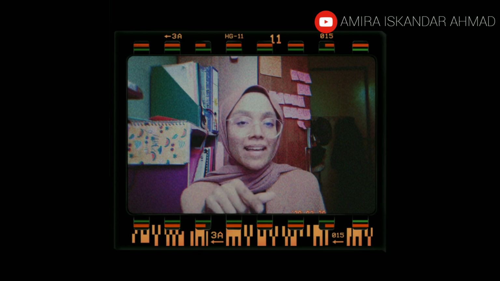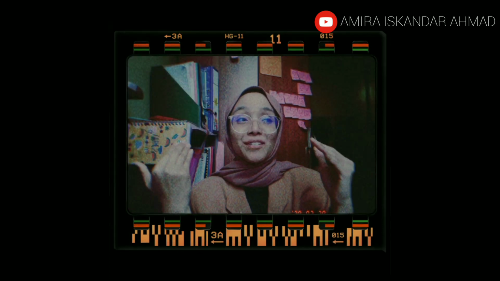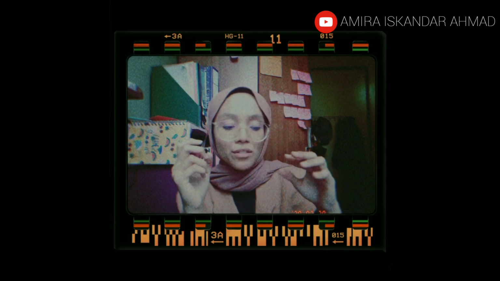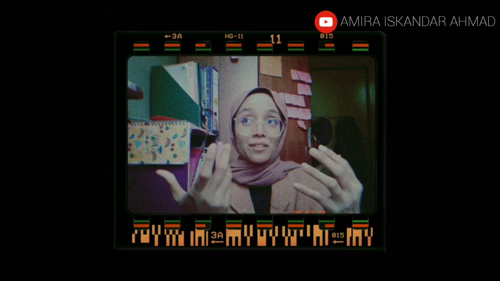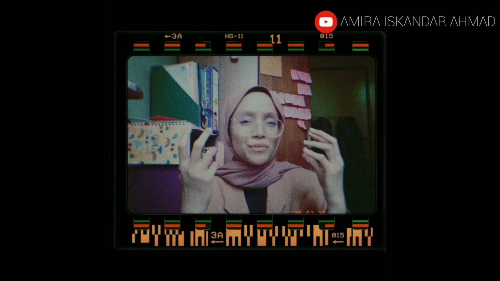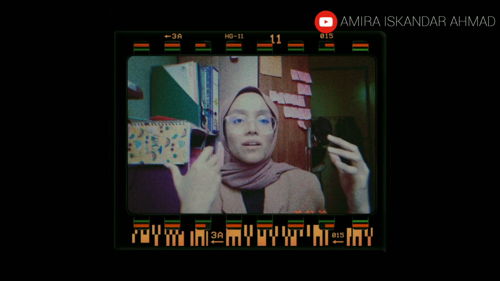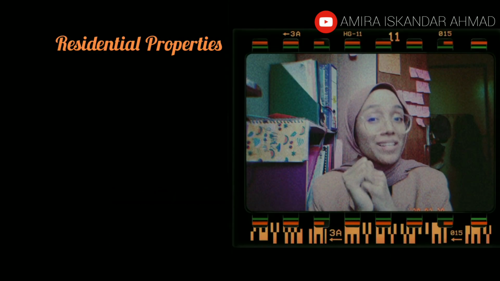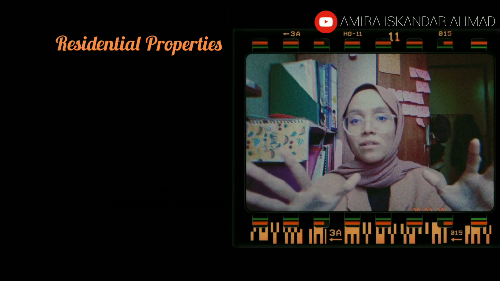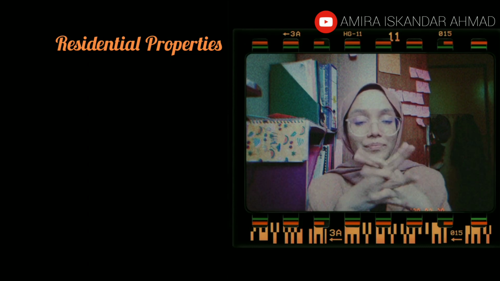So let's get into the differences. Before we get deeper into the differences between these two and how it can affect your property investment plan, let me just brief you on the description, on the appearance of how these properties look. For residential property, most of you would know this because it is something that we're currently living in.